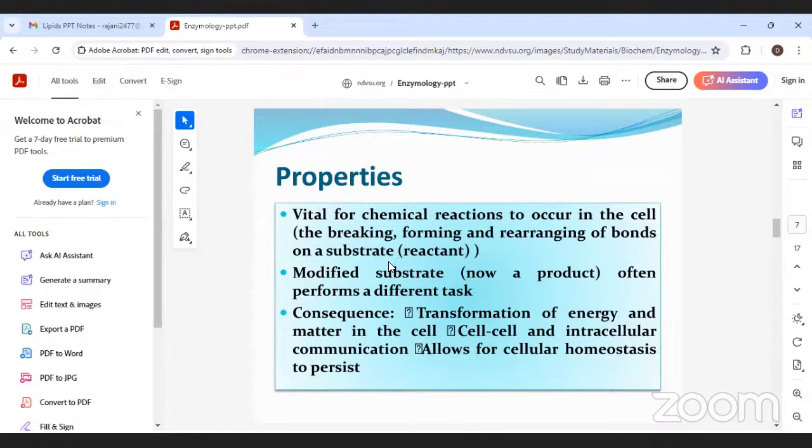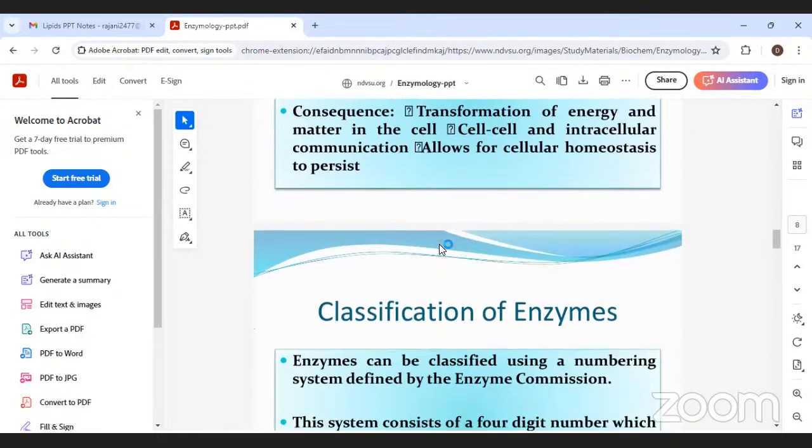As a consequence, transformation of energy and matter in the cell, cell-to-cell and intracellular communication occur, allowing cellular homeostasis to persist. These are the properties of enzymes.